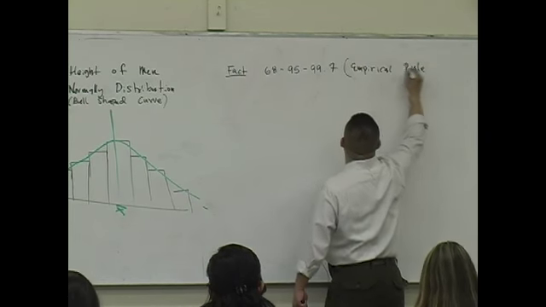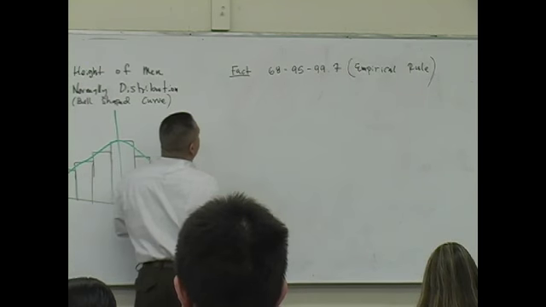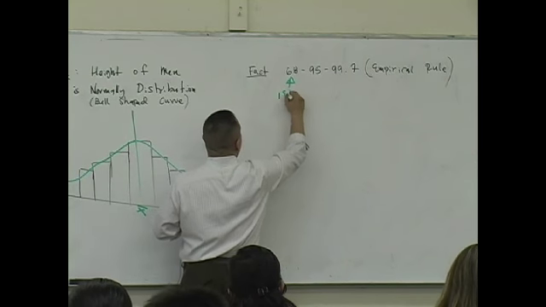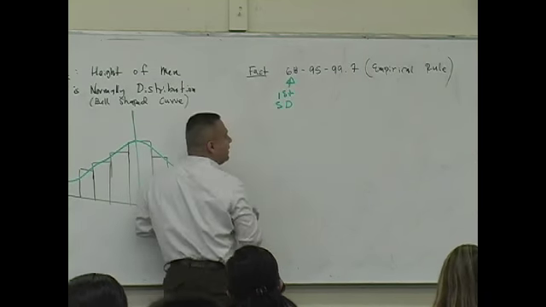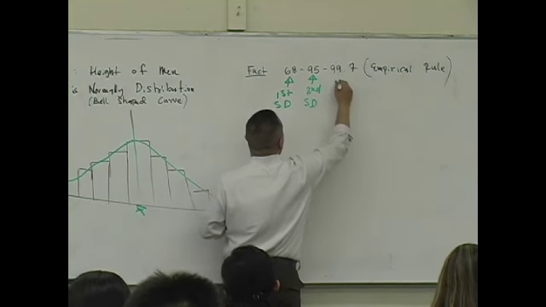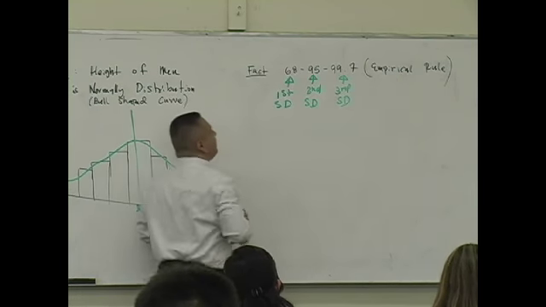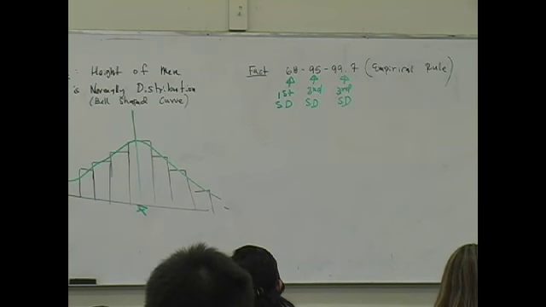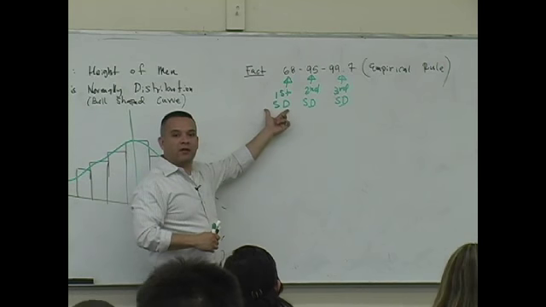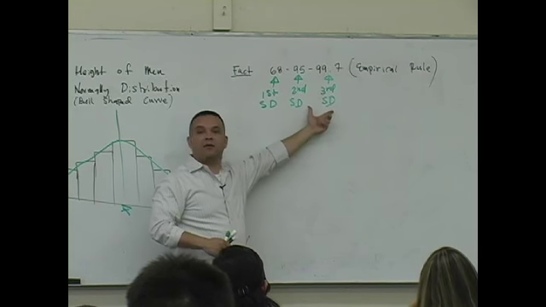Meaning that if you have a normal distribution, like the height of men, 68% is within the first standard deviation of the mean, 95 is within the second standard deviation of the mean, and the 99.7 is within the third standard deviation of the mean. Okay? What that means is 68% of your data is within that first standard deviation, 95 is within the second, and 99.7 will be within the third.